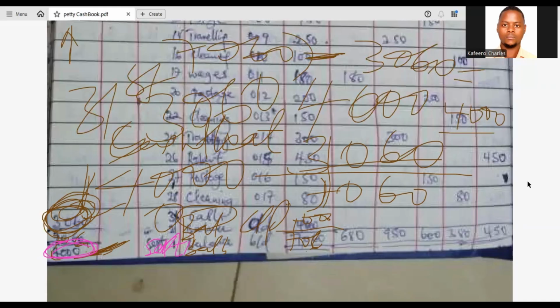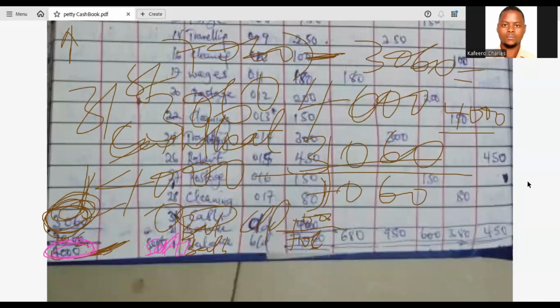So the debit side was having 7060, which will be the total for both sides. And then the balance carried down will be 4,000. And that's the same amount that will be on the balance brought down as of 1st September. And that's basically how we do the balancing off if the question says that we received the reimbursement before the period ends.